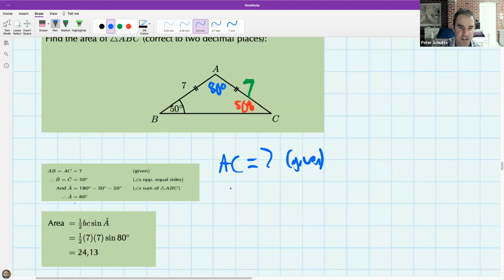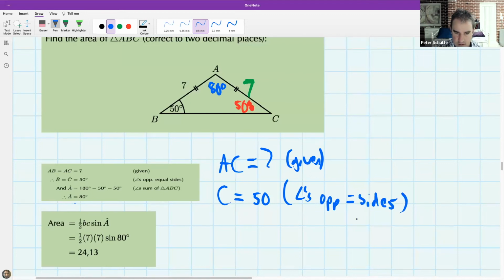And then you worked out C is equal to 50, and angles opposite equal sides is the acceptable reason. And then you could work out A, which is 80, and that is sum of angles in a triangle.